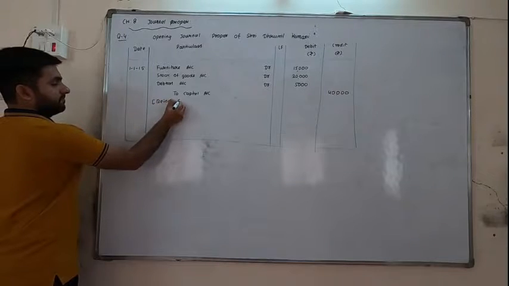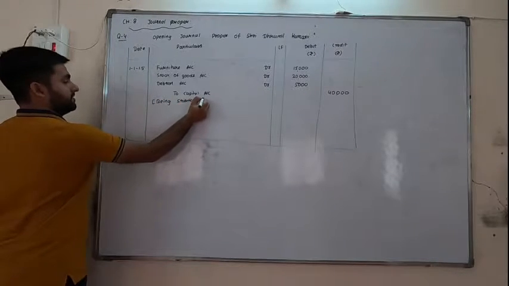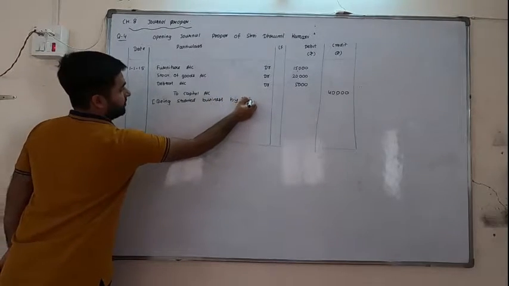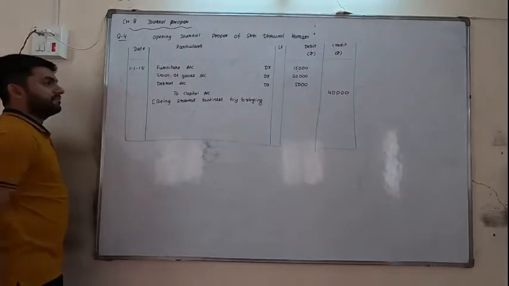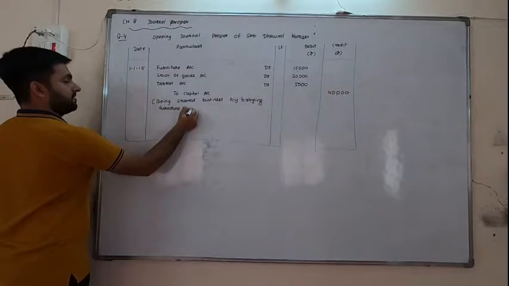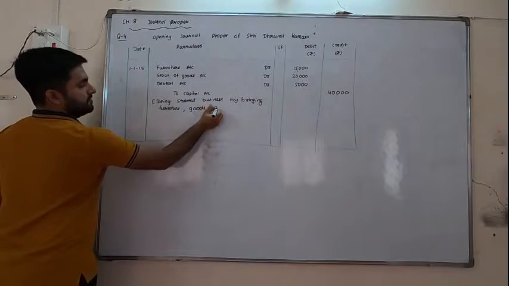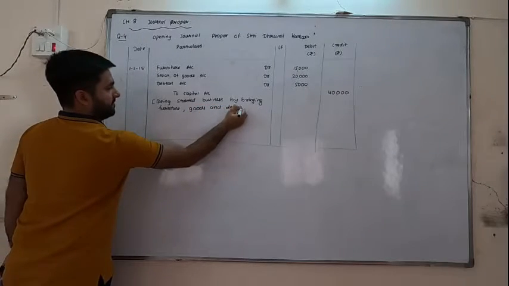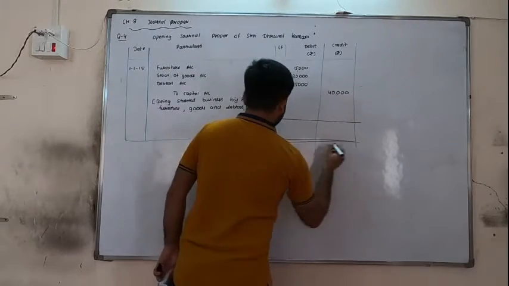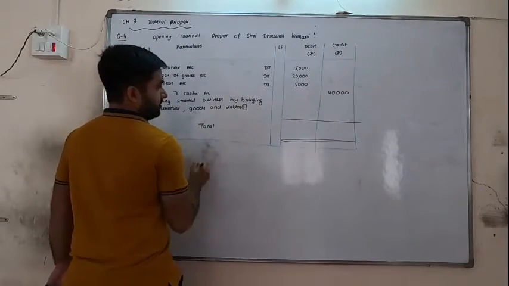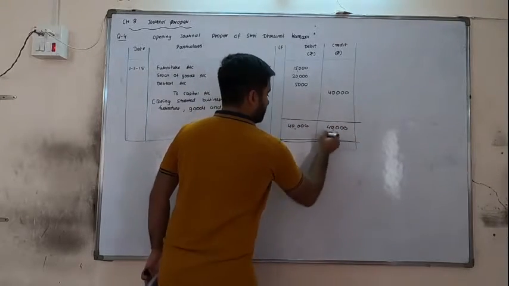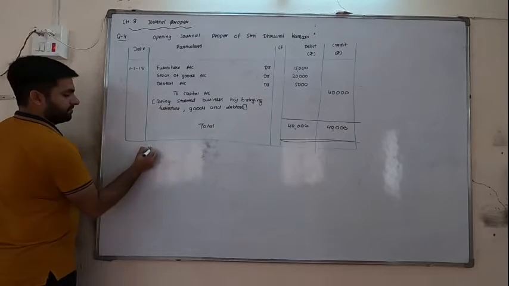Being started business by bringing furniture, goods, and debtors. Total 40,000, 40,000.